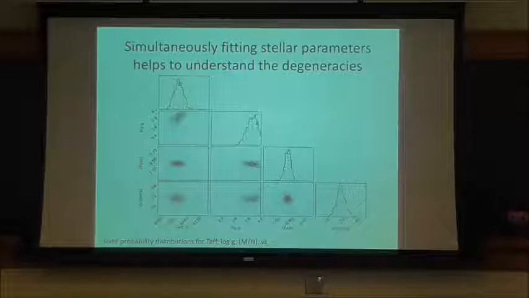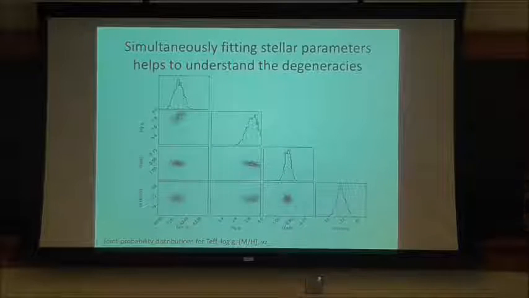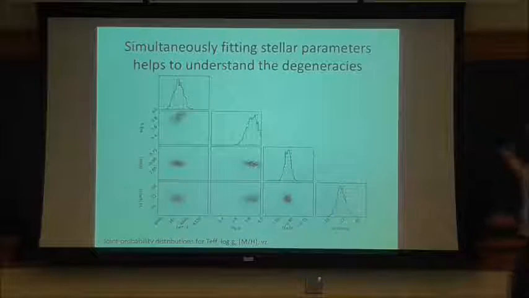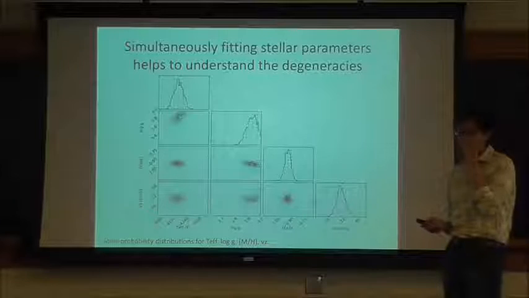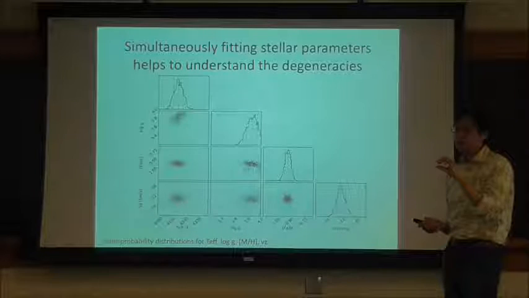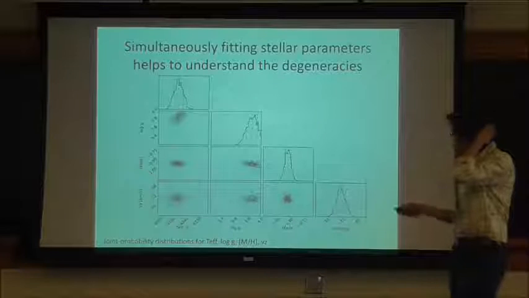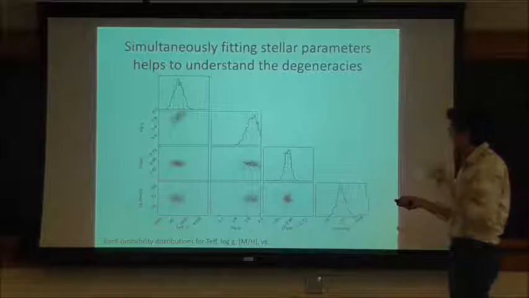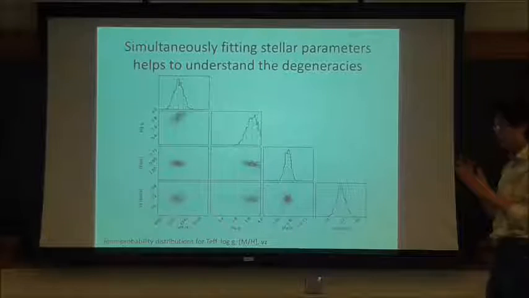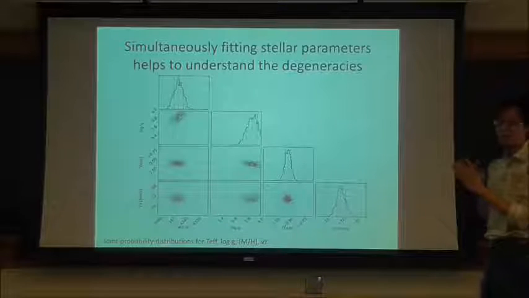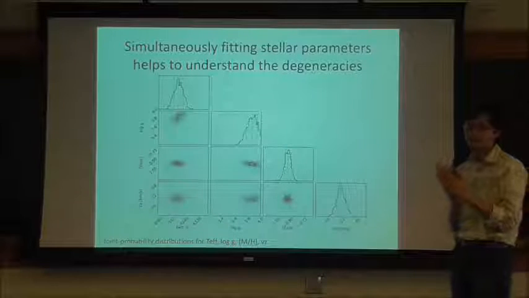To follow up on that, was log g allowed to float freely, or was it restricted to some range? It was restricted to a range that matched the luminosity. For these particular stars, you expect log g between 3 and 4, given their stellar evolutionary models.